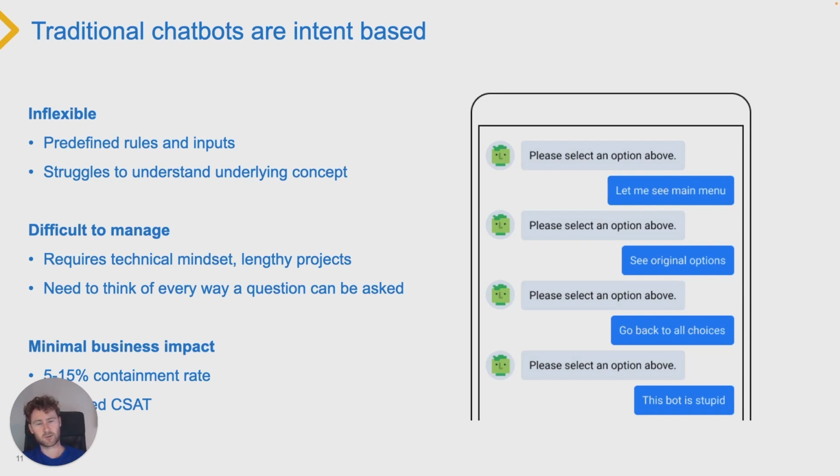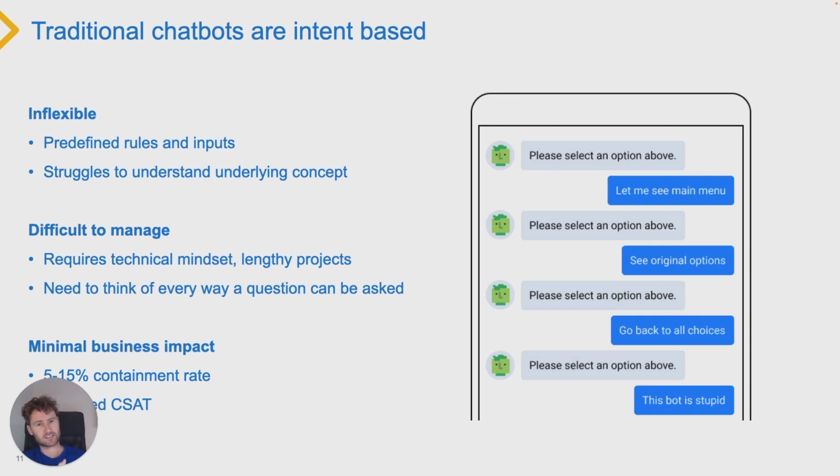You would then write up specific ways in which you expect customers to ask you about them. And when you put it together in a chatbot, you've got often a very limited feeling capability as an end user. And it often feels like it's just a glorified decision tree or menu, and there's not really much value add.